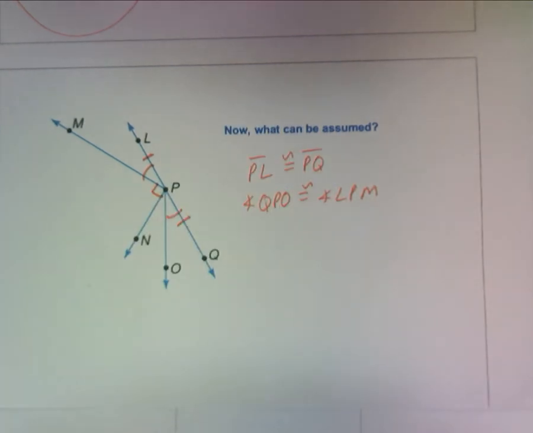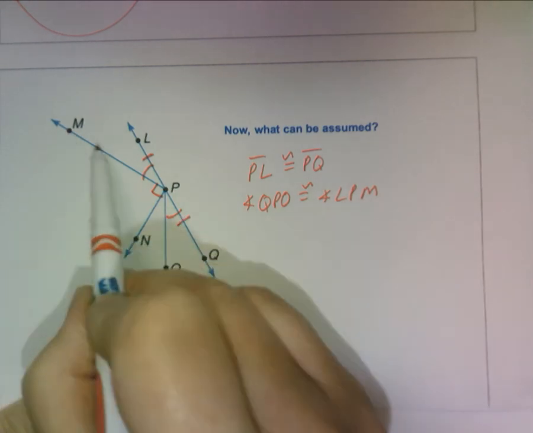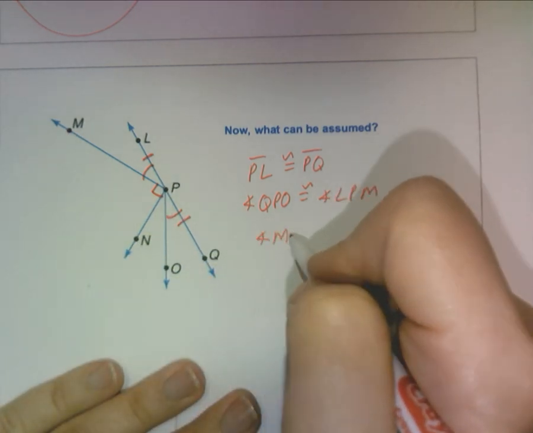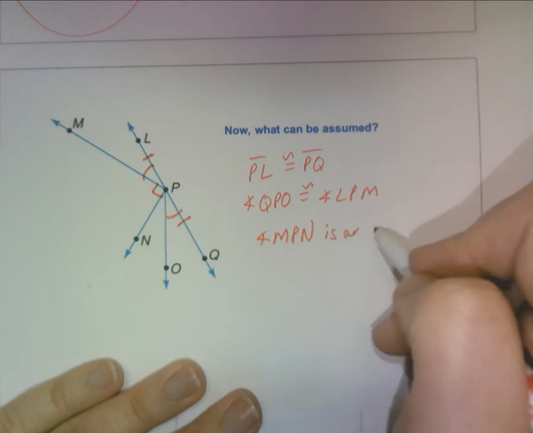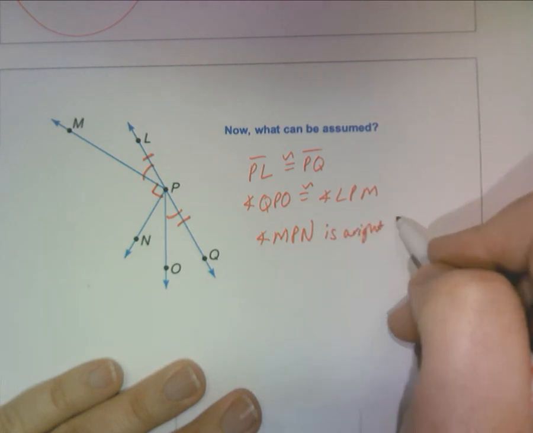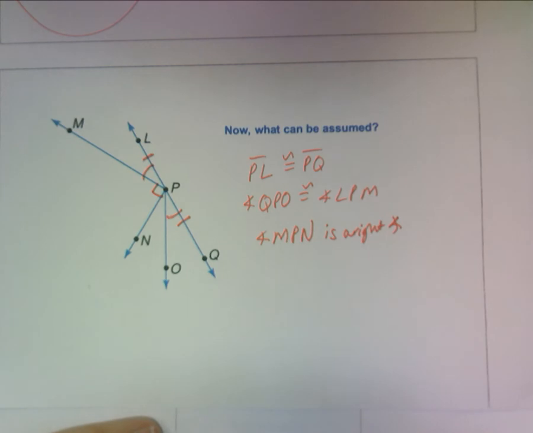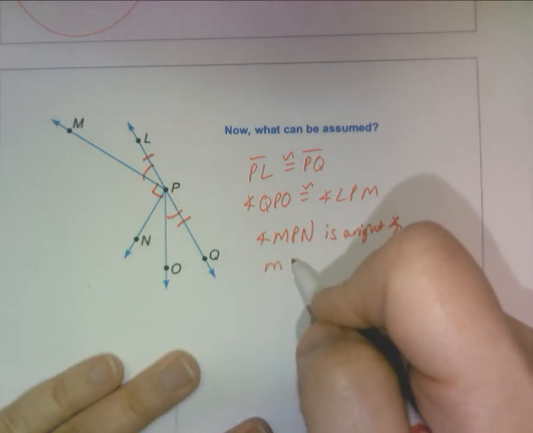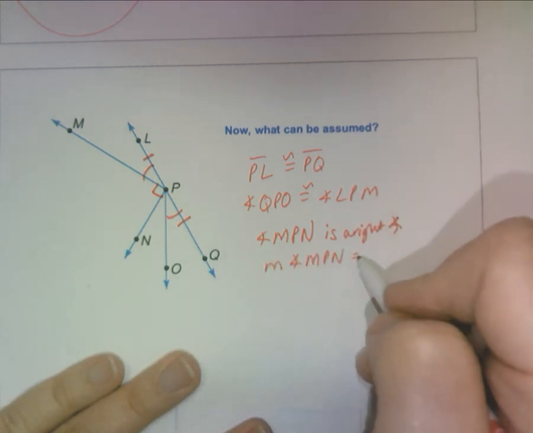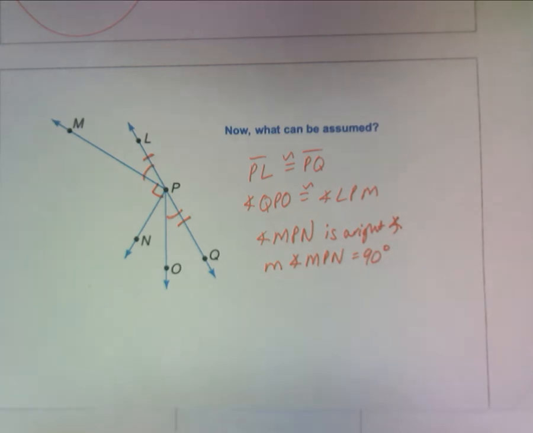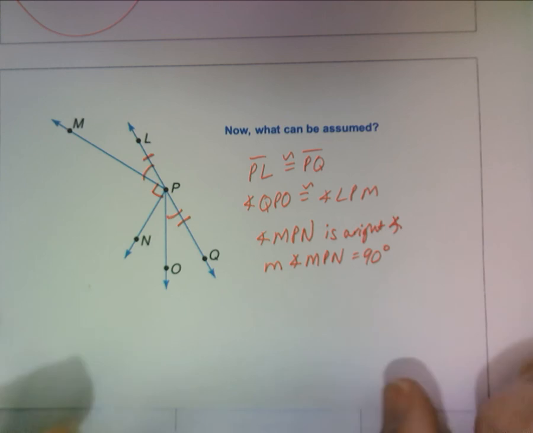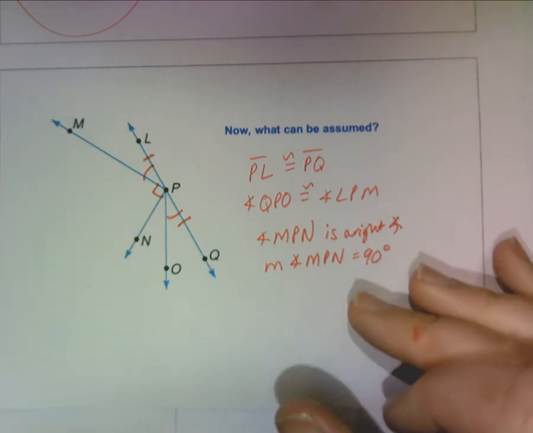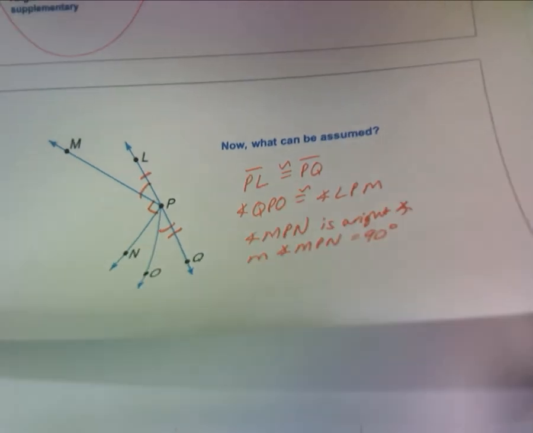Okay, that forms a right angle. So we can assume that angle MPN is a right angle. Okay, we can also know that the measure of angle MPN is 90 degrees, because right angles make 90 degrees. So this is where you want to be very careful in geometry about things that look, oh, it looks like it's 90 degrees. It doesn't necessarily mean it is unless you see that box. Same thing about congruent measures. Okay, that's it.